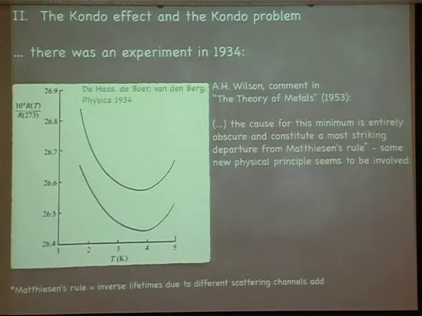So it's always like the parallel of resistivity, you add the inverse, and this is dominated by the smallest one. Some new physical principle seems to be involved. So the standard observations, phonons go like T to the fifth, the impurity resistivity is more or less a constant. So there was nothing around that could actually explain why there should be a minimum in the resistance of such a system.